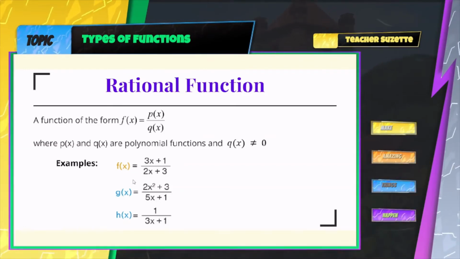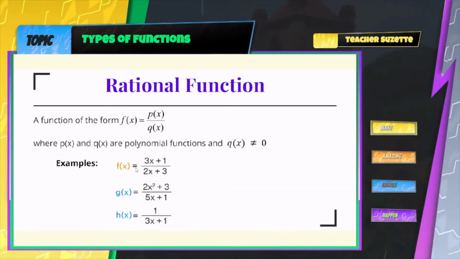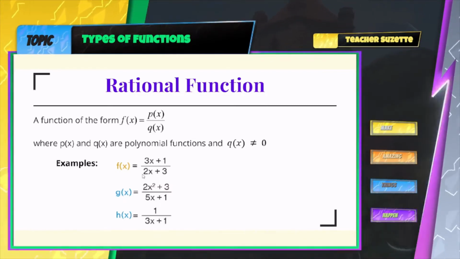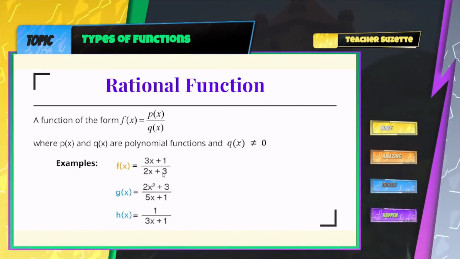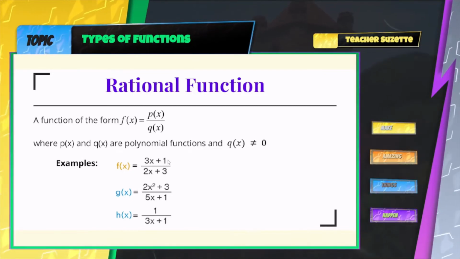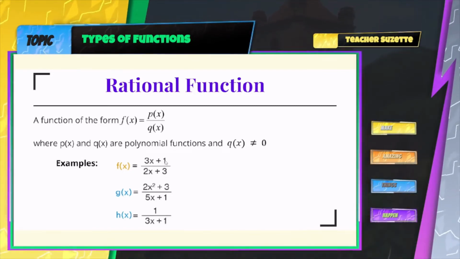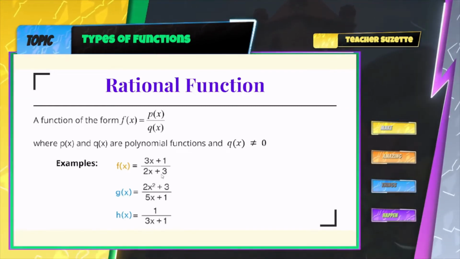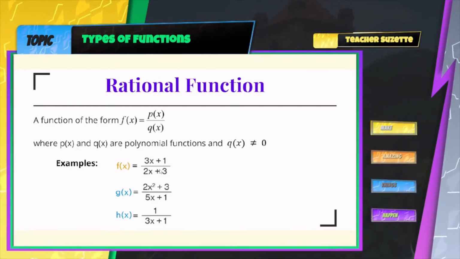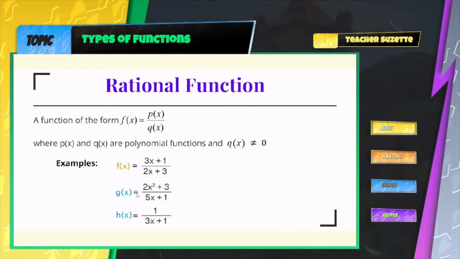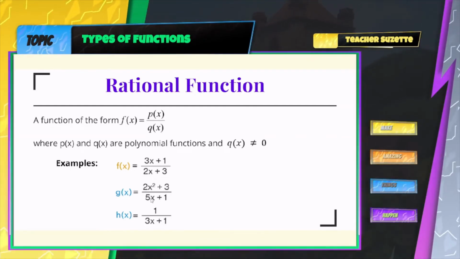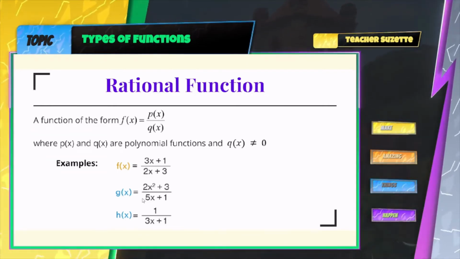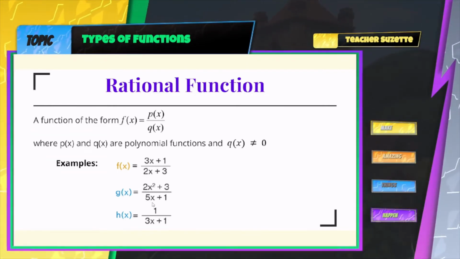So, for example, we have f of x is equal to 2x plus 1 over 2x plus 3. So, we have a linear function over a linear function. So, it can be a rational function. Next, we have g of x. We have quadratic over linear: 2 times x squared plus 3 over 5x plus 1.